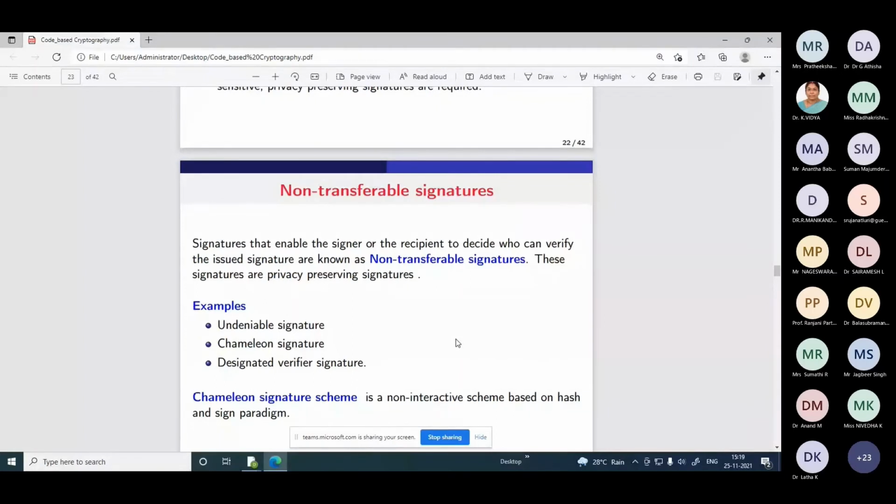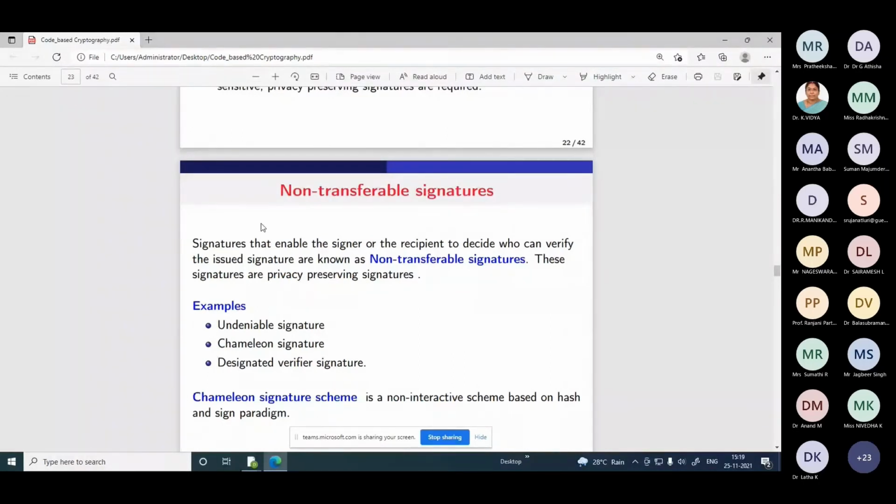Even when you encrypt and send the document, the institution can decrypt it and show the signed offers to other companies in order to get a good deal, right? So in that case, you cannot encrypt and send it. In such a scenario, we need a privacy preserving signature which can decide who can verify the issued signature.